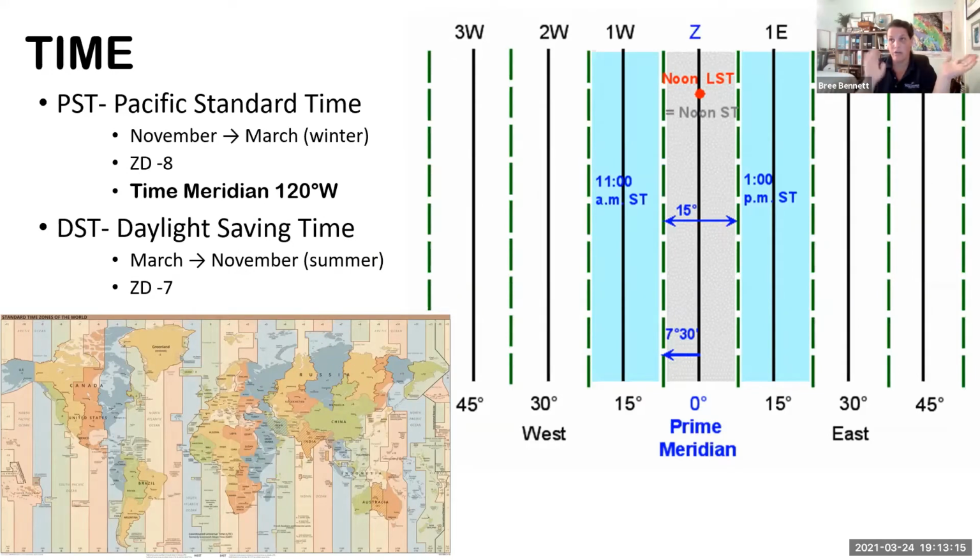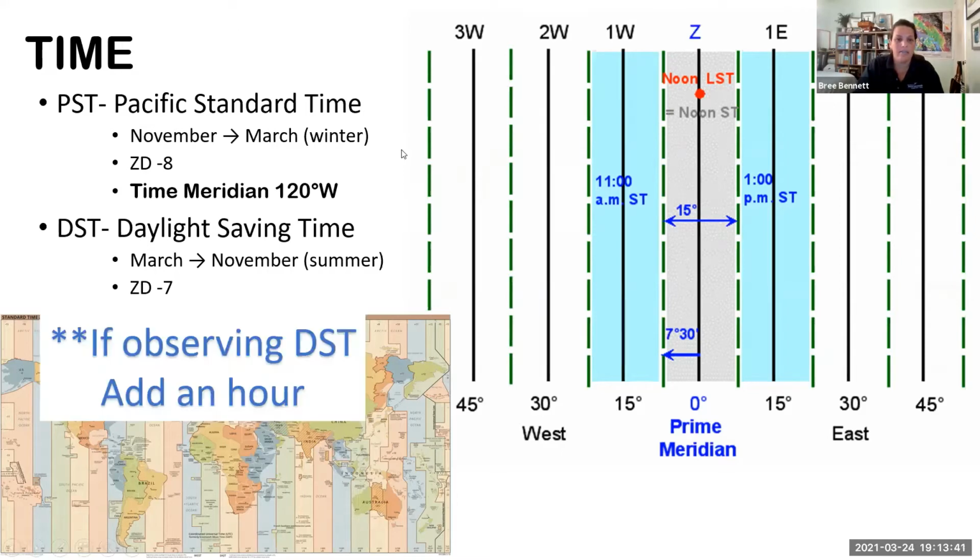During the summer, or March to September, we observe daylight savings time, where we observe -7 as our zone description. Well, I think I'll show you on a slide here.